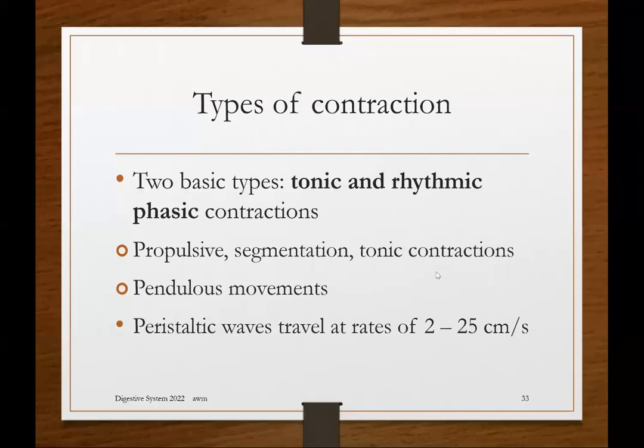So how fast do the peristaltic waves move? Figures have been given of between 2 to 25 centimeters per second, and that is considered normal. So you can see it can be very slow or very fast depending on what the contents of the lumen are. The more fatty or the more calorific, then the slower the peristaltic waves will be.